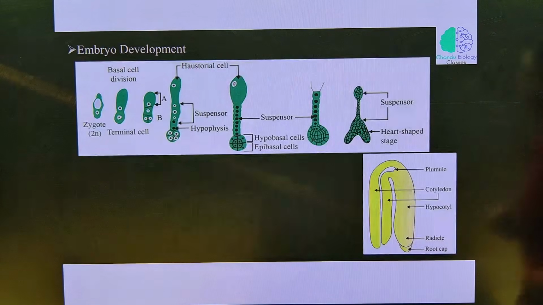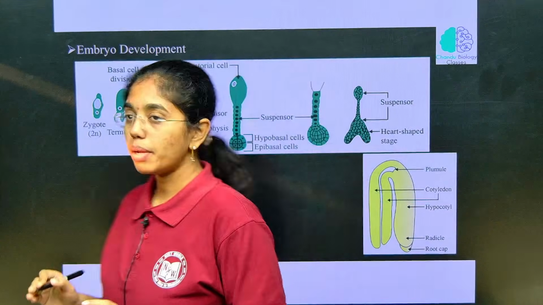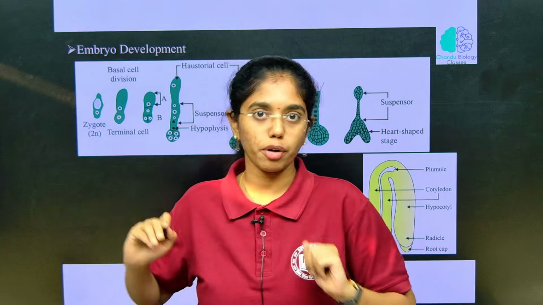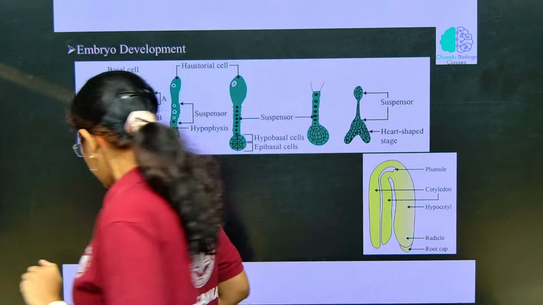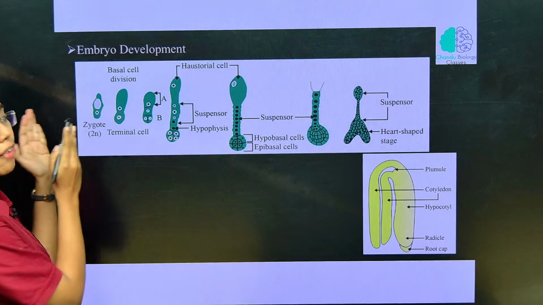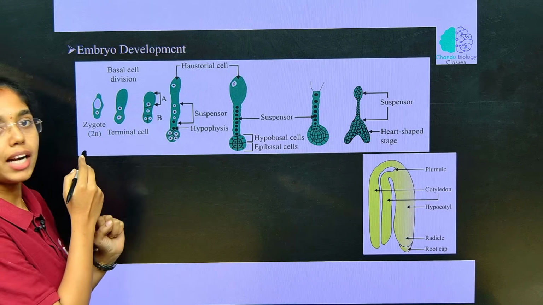And now, embryo development. Here in embryo development, first we will discuss dicot embryonic development and different types of dicot embryo development. First let us look into the zygote. Always we have to fix the position of zygote based on the micropylar and chalazal end.